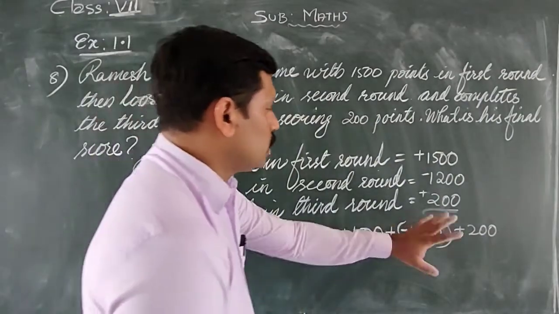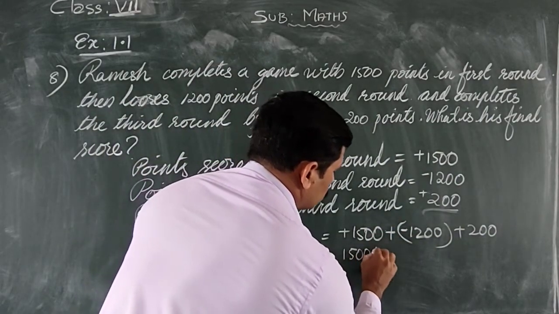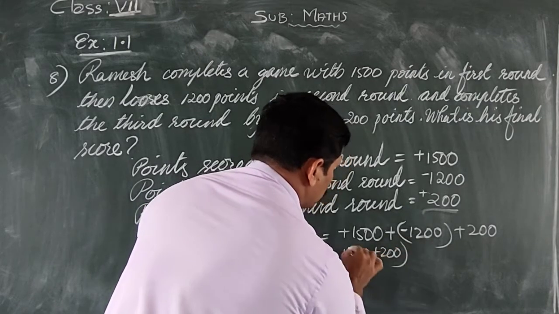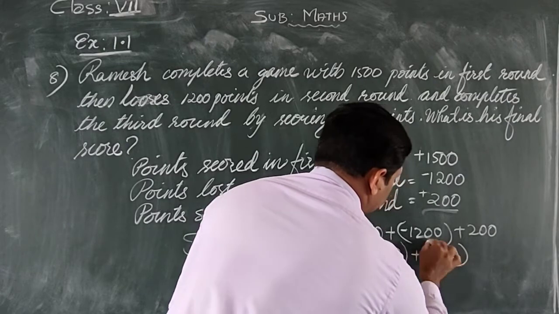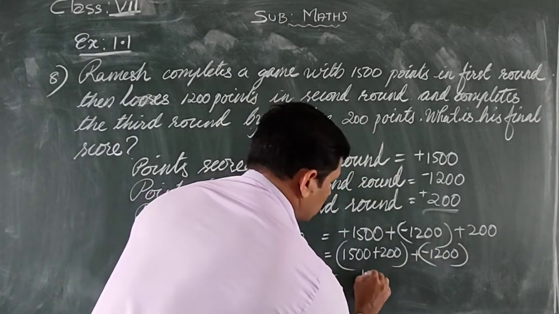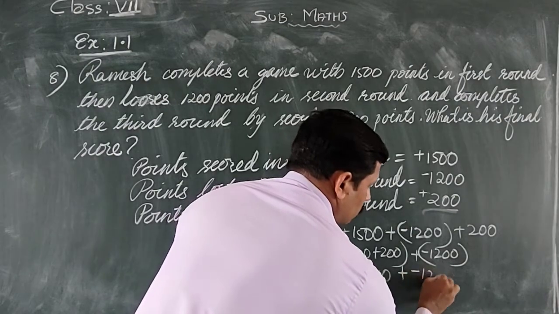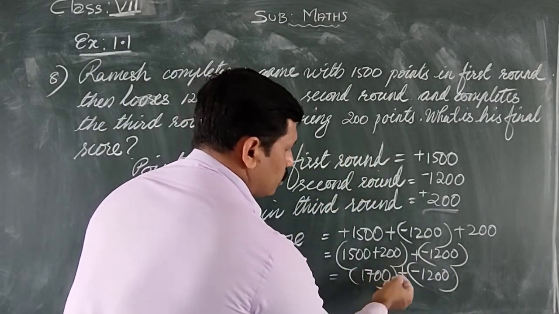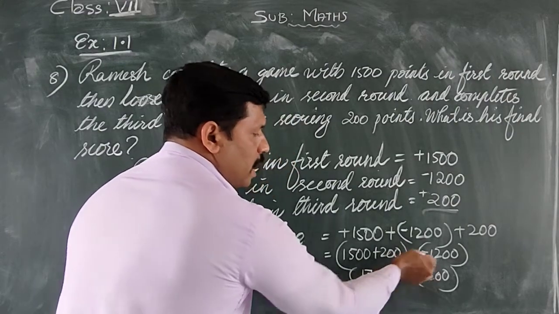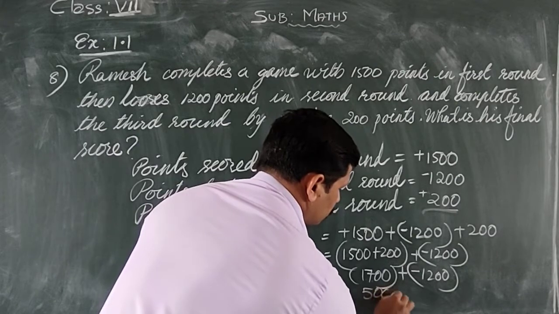Here two positive numbers we add together, 1,500 plus 200, both are positive, plus negative 1,200. Then it is equal to positive 1,700 plus negative 1,200. One is positive, another is negative, therefore we subtract: 1,700 minus 1,200 is equal to 500.